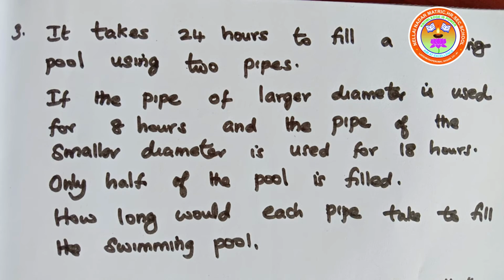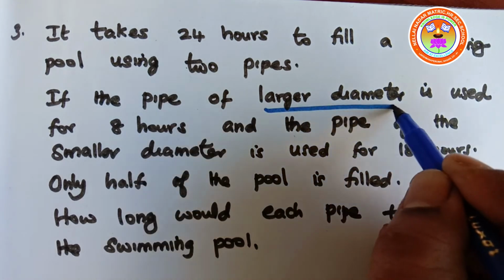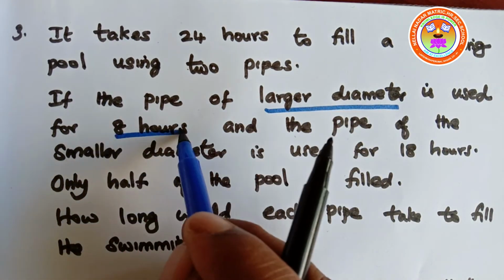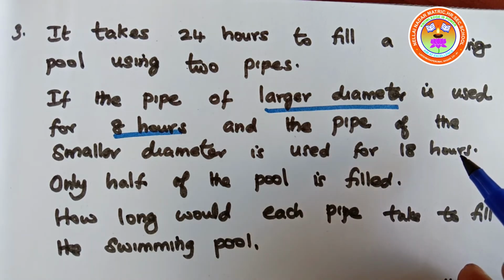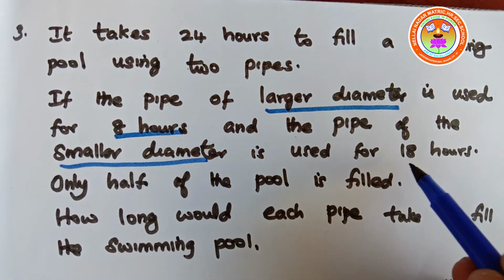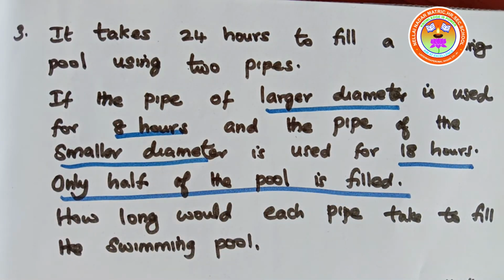If the pipe of larger diameter is used for 8 hours and the pipe of smaller diameter is used for 18 hours, only half of the pool is filled. How long would each pipe take to fill the swimming pool?